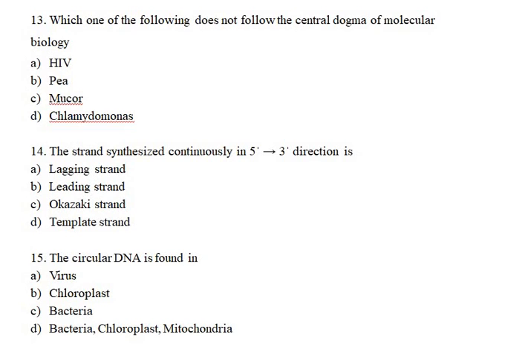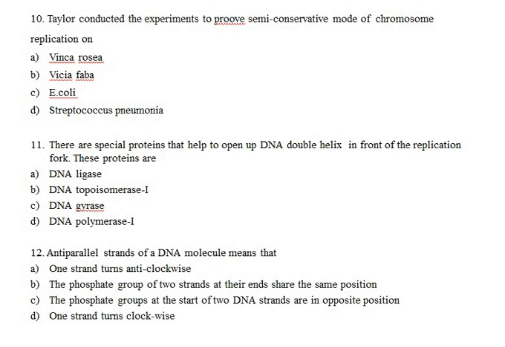Now coming to the 10th question. Taylor conducted the experiments to prove semi-conservative mode of chromosomal replication on... You know that Meselson and Stahl conducted the semi-conservative mode of DNA replication on E. coli.